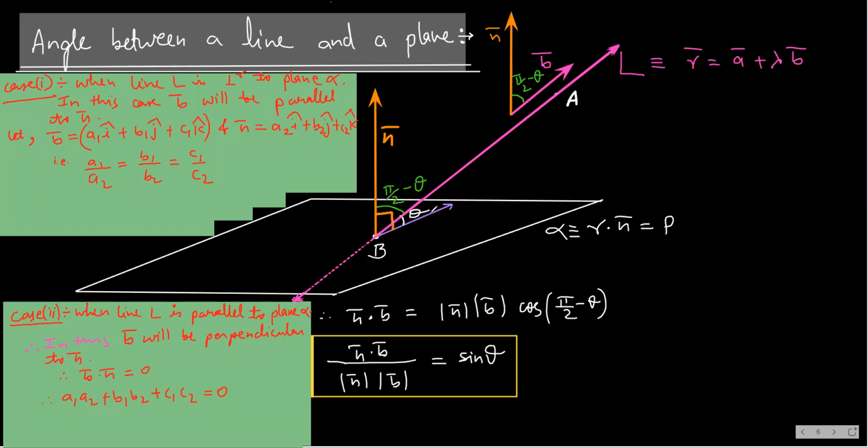So you might get angle between line and the plane more than 180, so that you will get the negative value. So you'll have to put a mod.